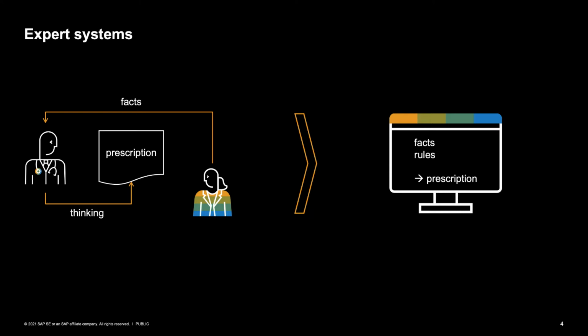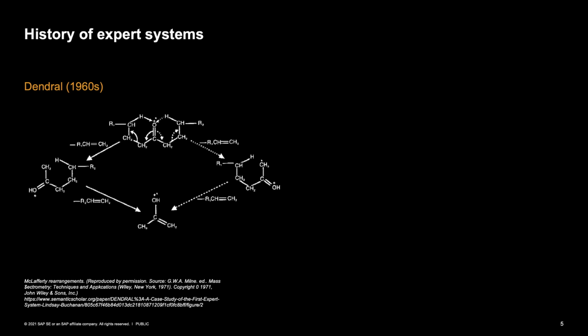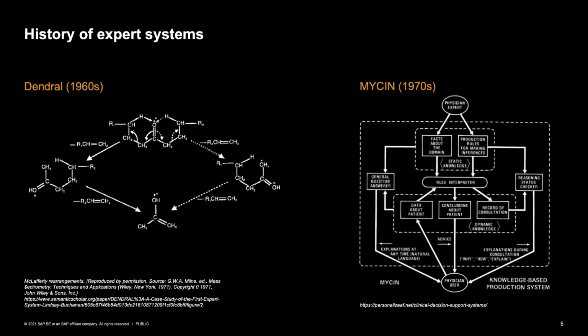If we look at the history of expert systems, research in the 1960s and 70s led to the creation of the first expert system, called Dendral. Dendral's objective was to identify components from a material based on their mass spectrometer profile. This system was followed by a medical expert system called MYCIN, whose objective was to identify bacteria causing severe infections such as bacteremia and meningitis, and to recommend antibiotics.